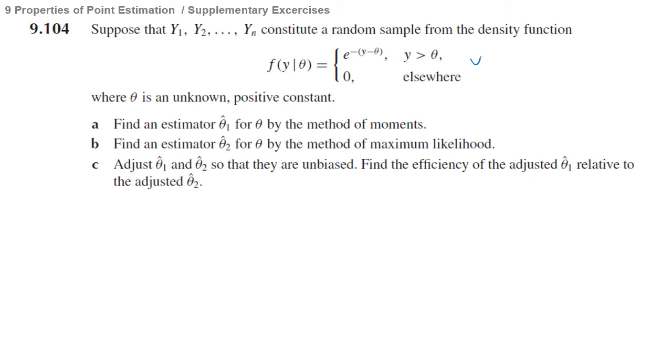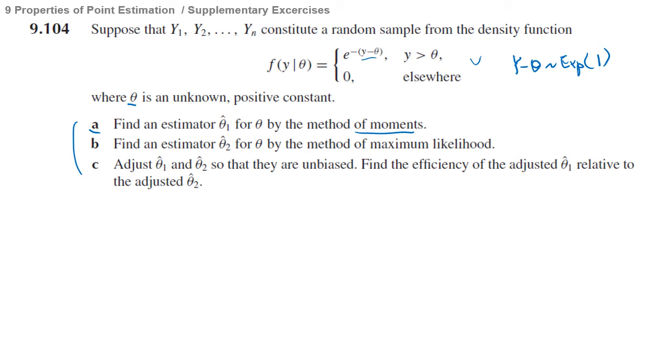From here you can check that y minus theta follows an exponential distribution with parameter 1, where theta, the shifting parameter, is an unknown positive constant. Number A: find an estimator theta 1 hat for theta by the method of moments.